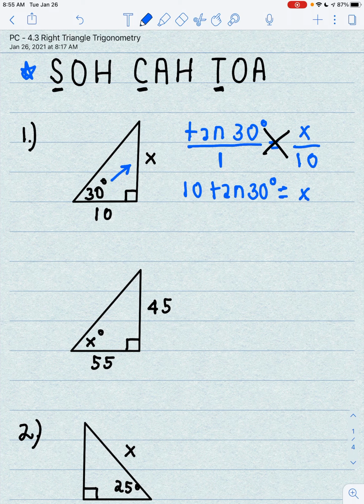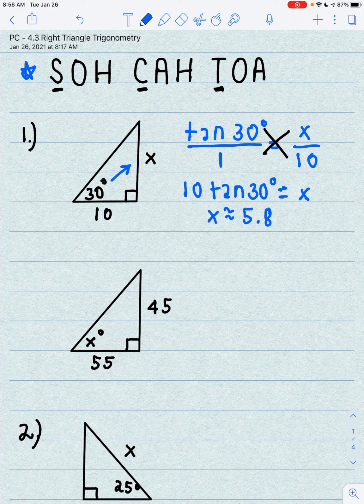So if you've recently changed it to radians, make sure you go back and change it to degrees and plug in 10 times and then choose the tangent of 30, and you're going to get the value of X, which should be about 5.8. For side lengths that are missing, we will round to the nearest tenth. For any angles that are missing, we will round to the nearest full degree.